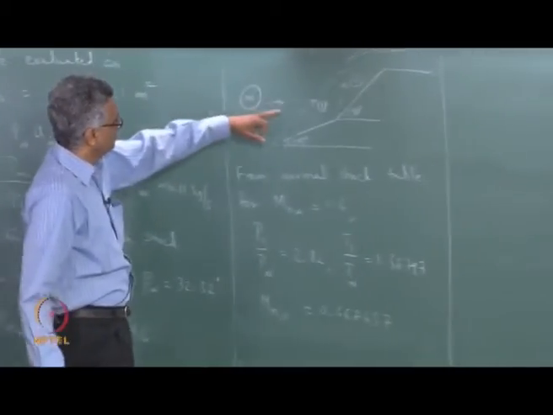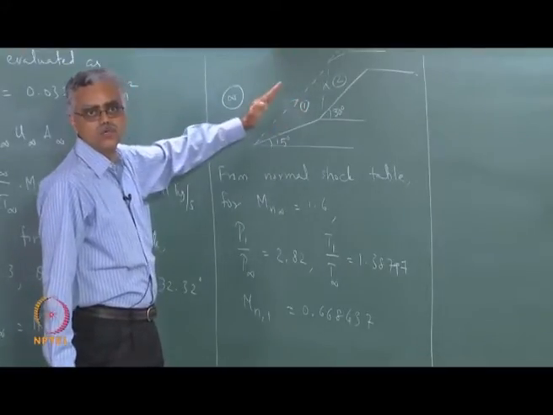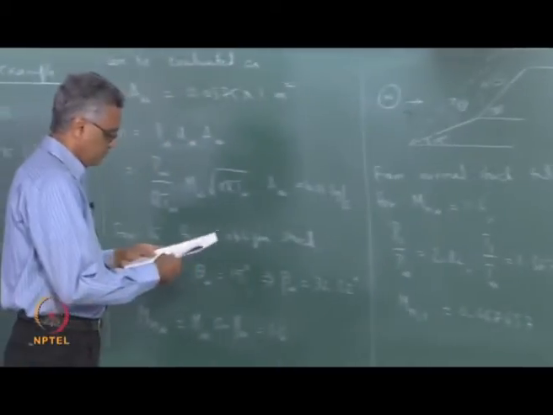So, the flow upon passing through this shock wave is deflected through an angle of 15 degrees towards the shock wave, and we have obtained these quantities.